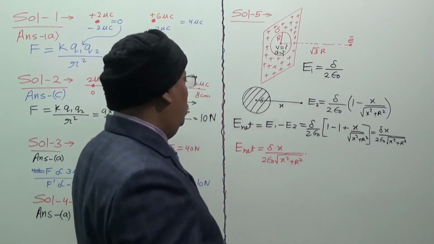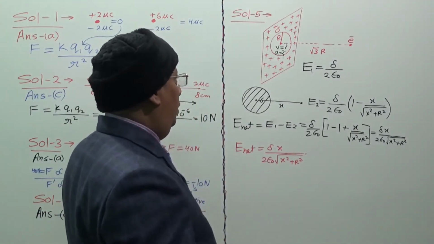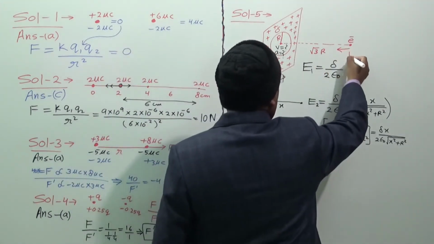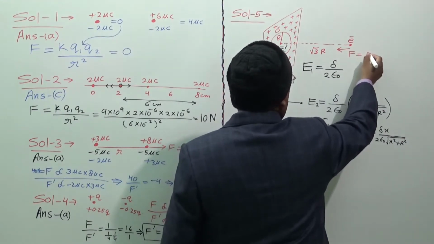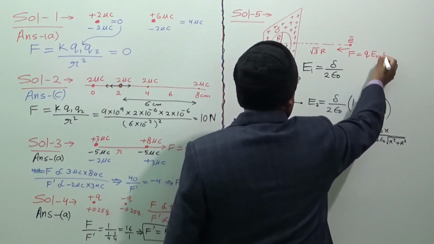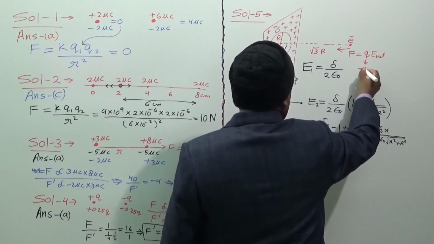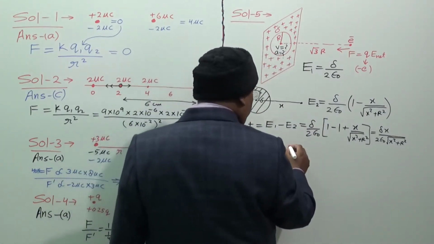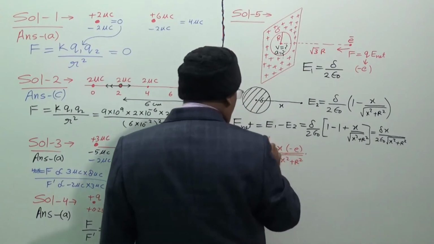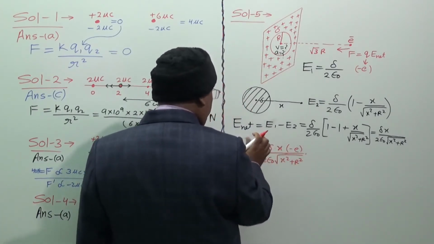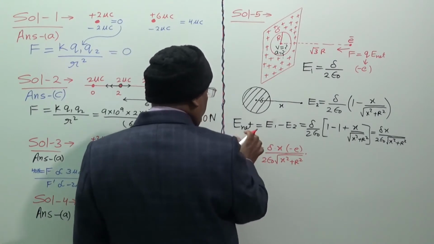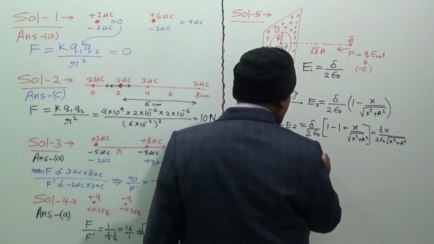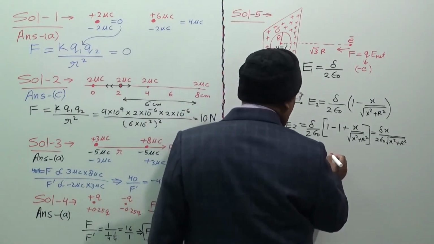If force is to be calculated, then F is equal to QE. Here Q is negative e and E net is this. So if you multiply here with minus e, you can get F net. This F net, F is equal to MA.